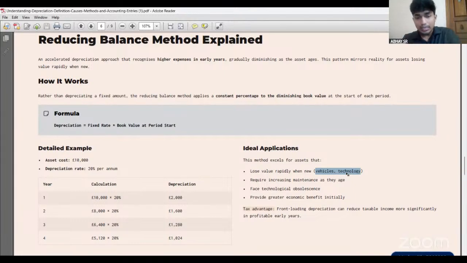When the iPhone 17 launched, it had a particular price, right? Would it be the same even after 2 years? No, right? So they lose their value rapidly. Be it a phone, a laptop, or a car, they lose their value in different ways, right?